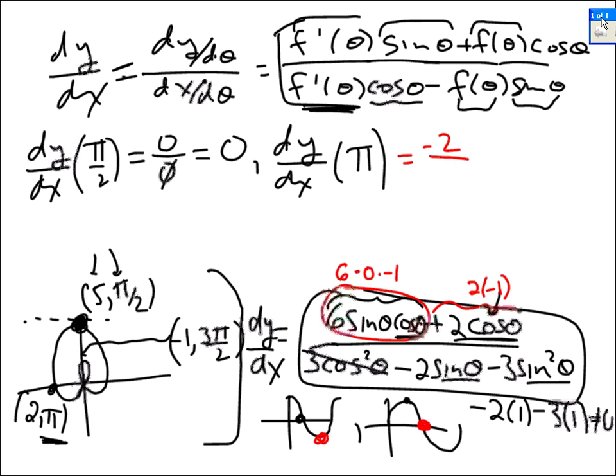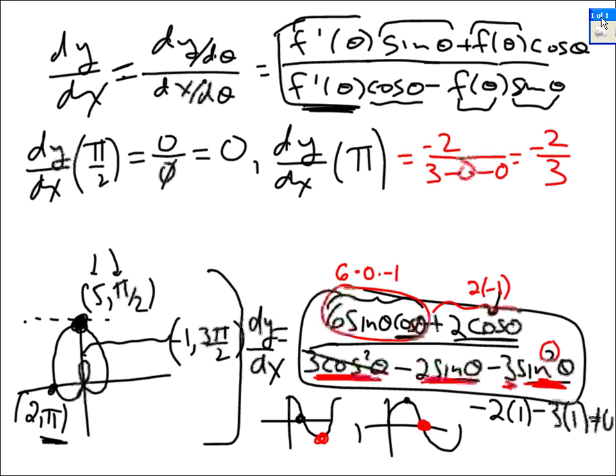That's what I put on top. In the bottom here, I have 3 times negative 1 squared. Negative 1 squared is 1. 3 times it is 3. Minus 2 times 0, which is 0, minus sine of pi, which is 0, squared is 0, 3 times it is 0. What I end up with is just negative 2/3.